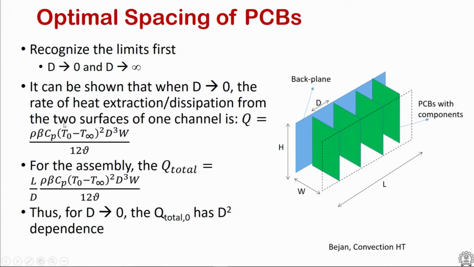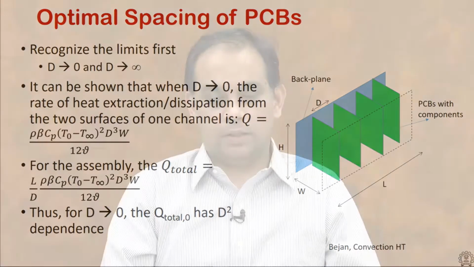Using this, you can express Q for a single plate, single channel, as m dot Cp delta T using the energy balance, and the velocity is determined by assuming a parallel plate fully developed flow type situation. The velocity will be a function of the buoyancy velocity.